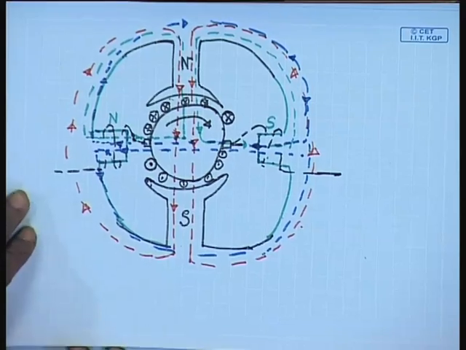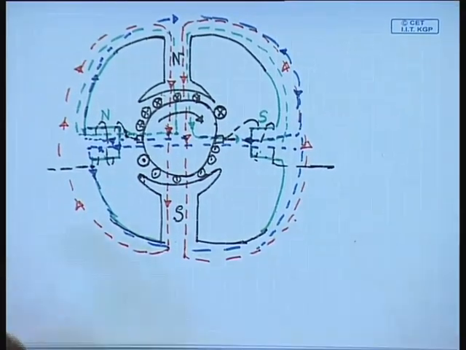Now, let us see how much flux density at the interpolar region is required.